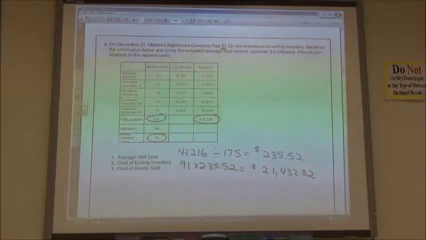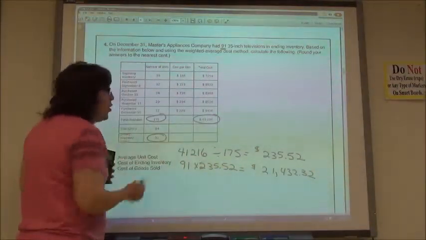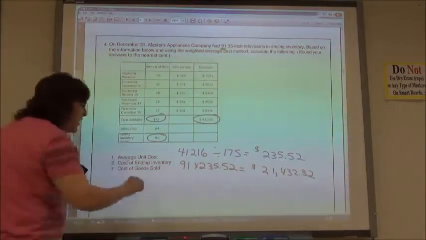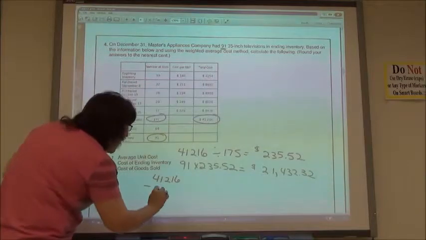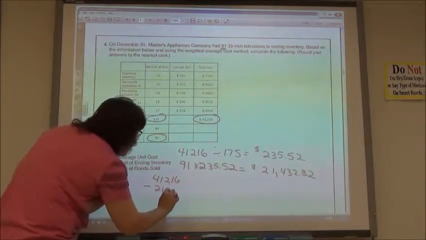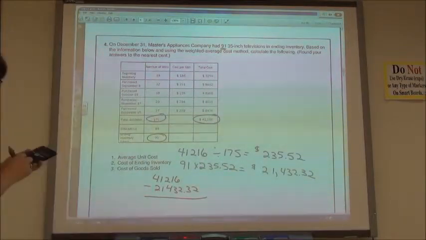And then again, if I want to find the cost of the goods sold, I'm again going to take my total cost, the total expenses for the year, $41,216, subtract off what I have left over in inventory, $21,432.32, and that's going to tell me how much stuff I sold.